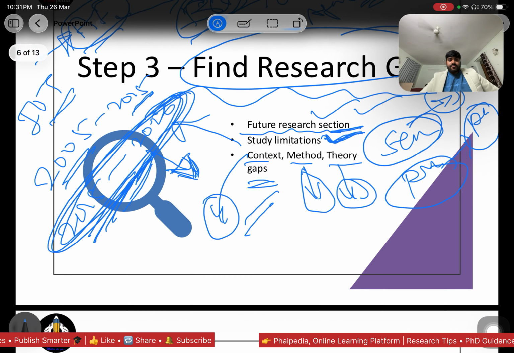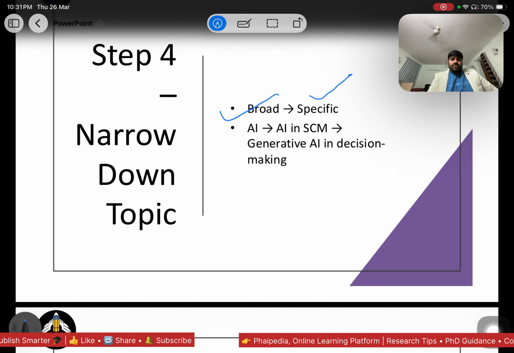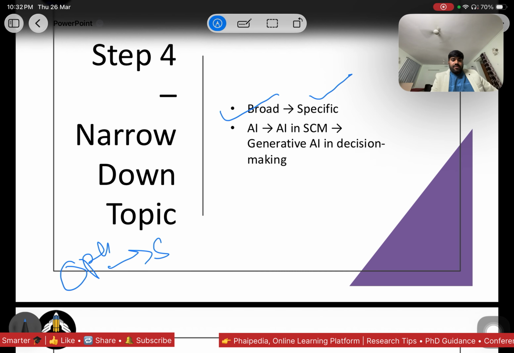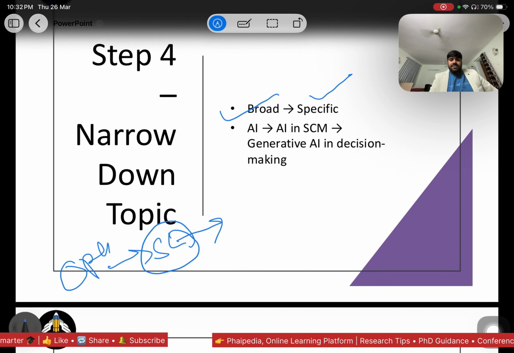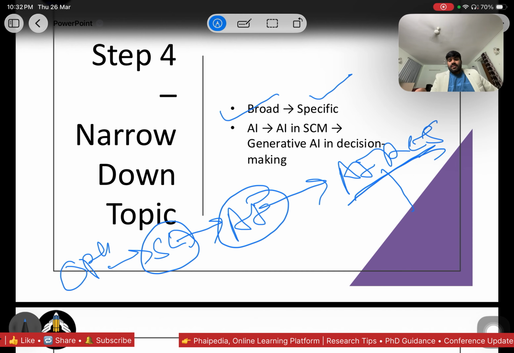Okay, now step 4, narrow down topics, like broad to specific. For example, if you are talking in operations about supply chain, then in supply chain, when you're talking about AI adoption, then AI adoption for what? The AI adoption for resilience of the supply chain.